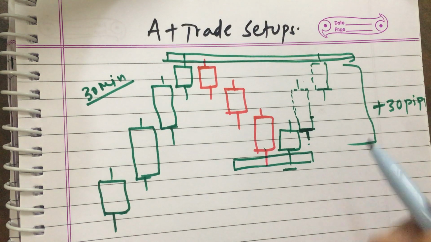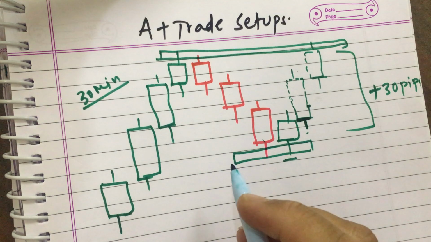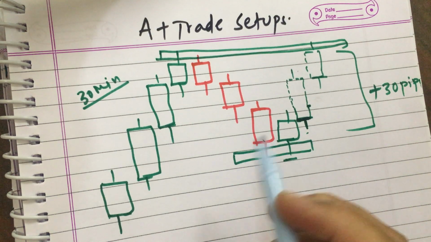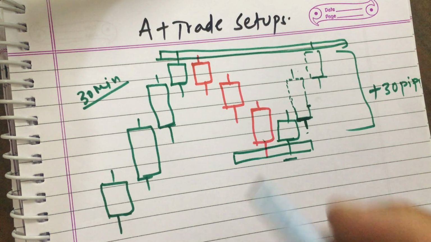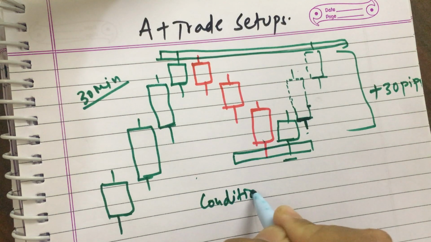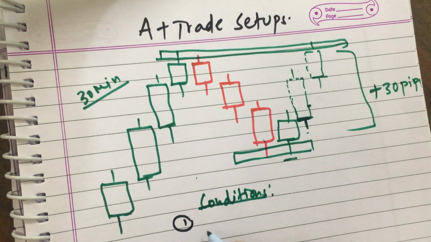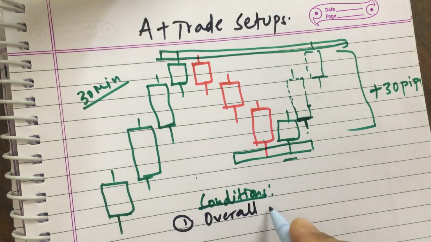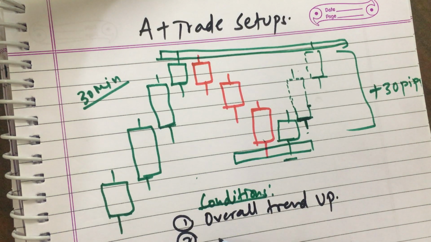You have to meet some conditions to trade in an uptrend. To trade this type of setup, you need to see some conditions. Condition number one is the overall trend should be up. The second thing is high volume.